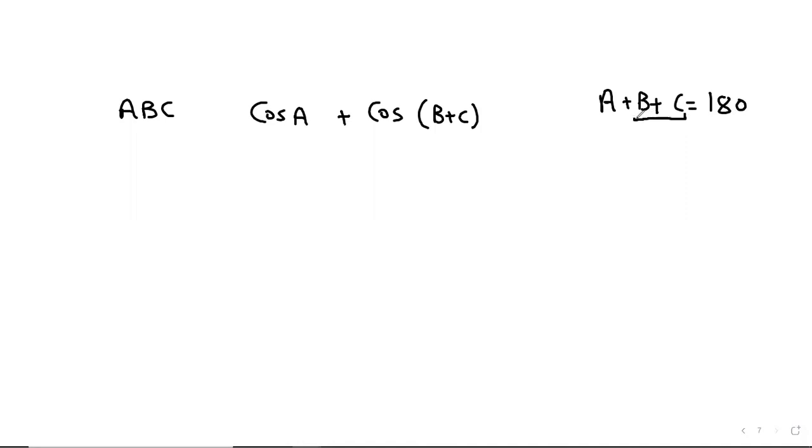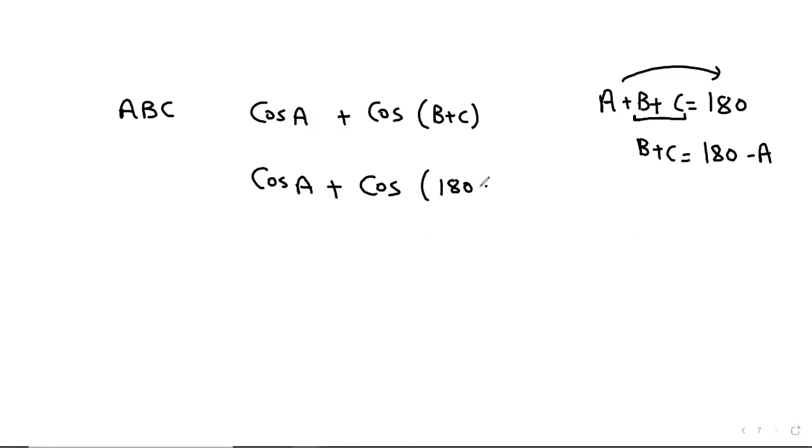So angle B plus C, we can replace with 180 minus A. So cosine A plus cosine 180 minus A.